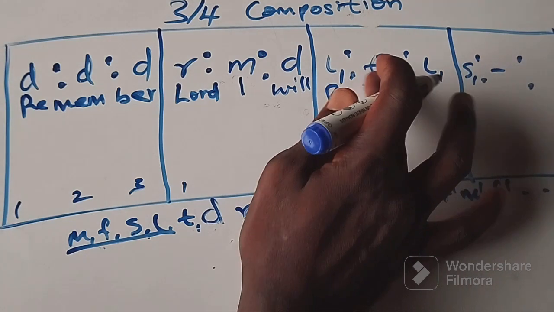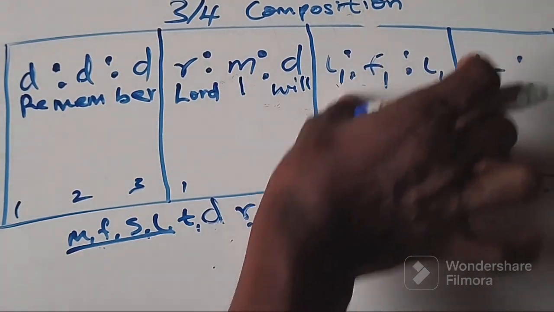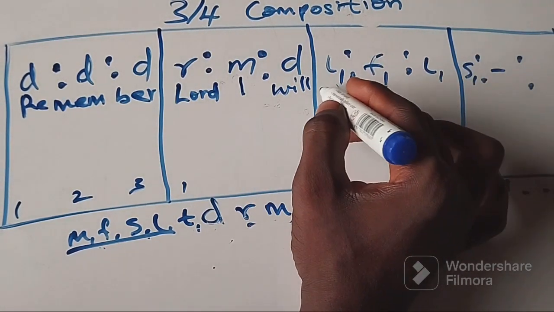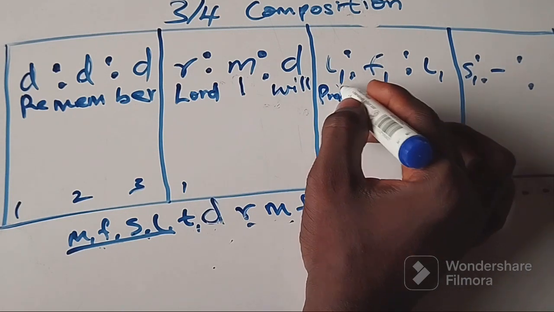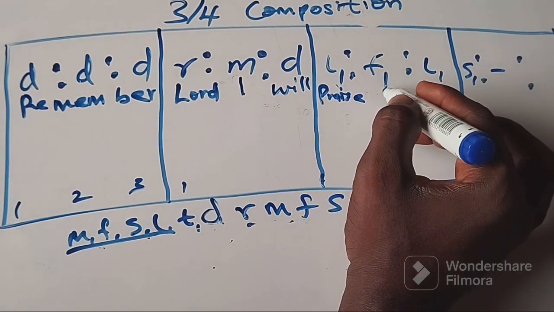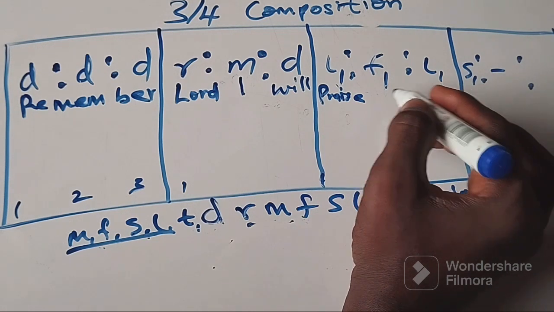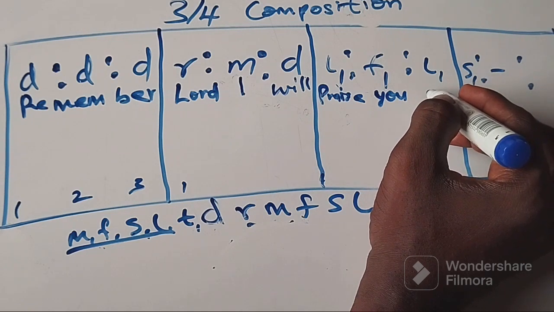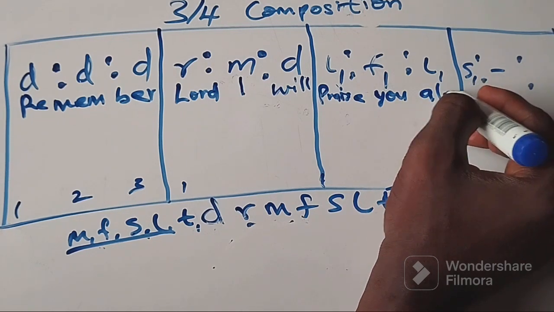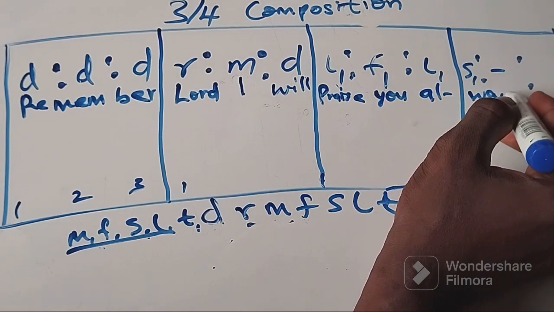This praise should be under this note only, because it has only one syllable. Praise. I will praise you always.